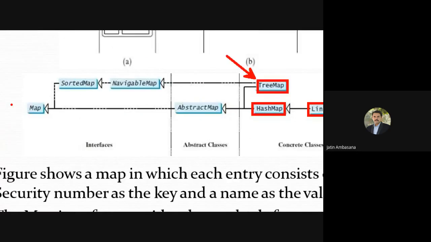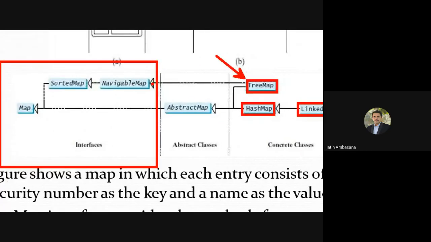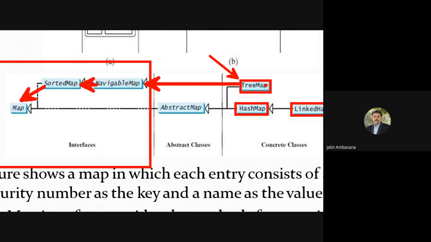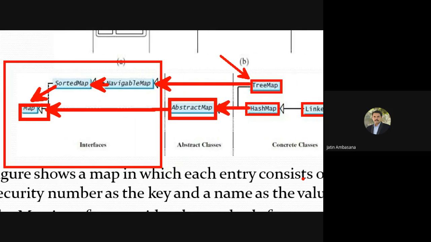So you see here, the interfaces are there and the concrete class directly implements these interfaces. In this case, it's a hierarchy of interfaces, and then comes the concrete class. In this case, there is a hierarchy of interface and what? An abstract class and then a concrete class. See that?